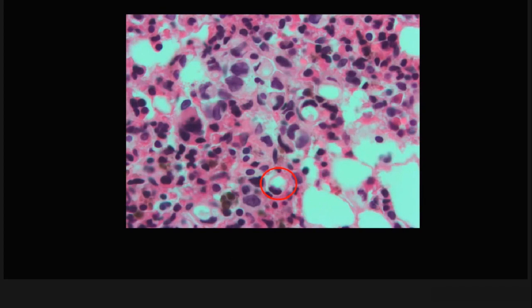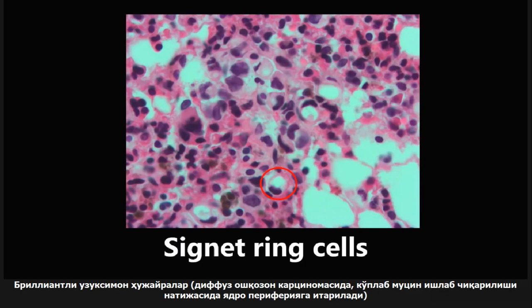This next one is an example of a signet ring cell. I actually saw this several times in board questions, so I would say it's a little bit higher yield. The signet ring cell right here is commonly seen in diffuse type gastric carcinoma. So signet ring cells, diffuse type gastric carcinoma. The reason that it has this appearance is because this white area within the cell is a lot of mucin overproduction, which pushes the nucleus to the periphery.